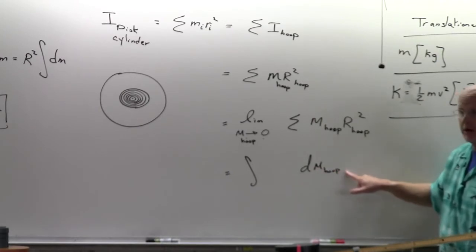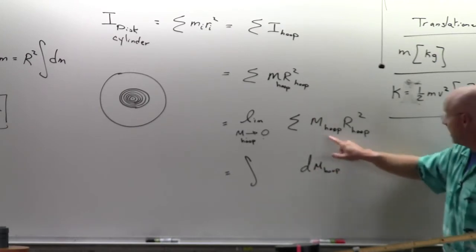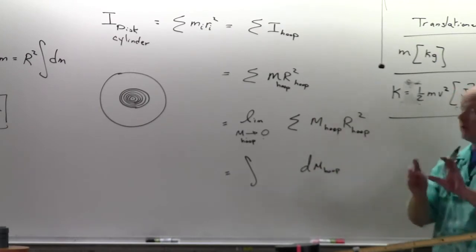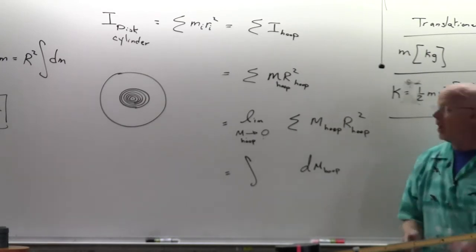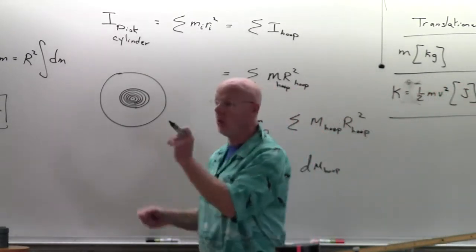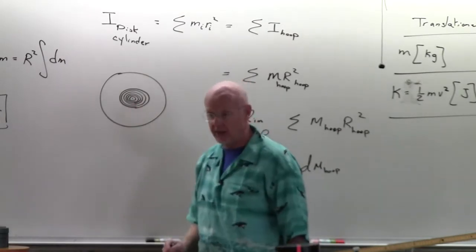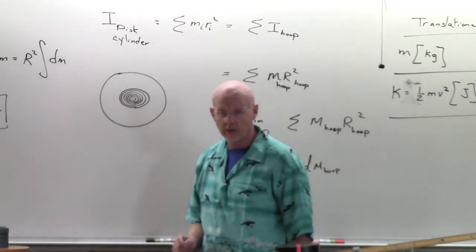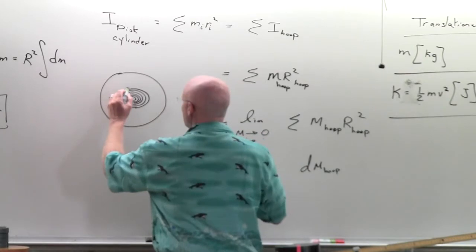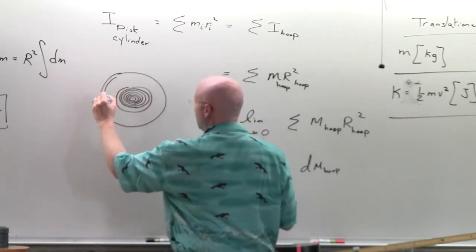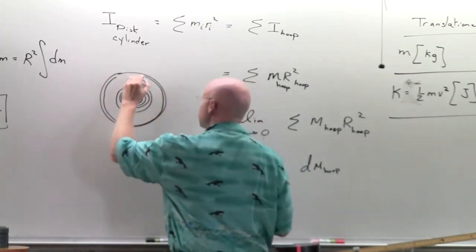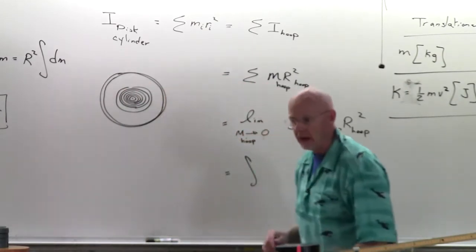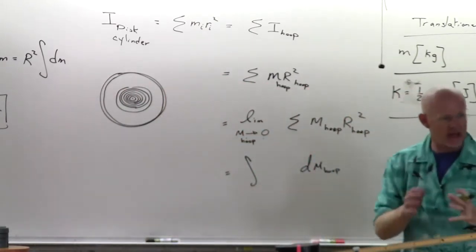So it's not a dr. I'm not saying the radius of the hoop is going to 0. Now don't get me wrong, and I think this is where it gets confusing. I'm going to add up a bunch of hoops. Isn't one of the hoops 0 radius? But obviously, when I start adding them up, and particularly when I get to the last hoop out there, the last hoop does not have a radius of 0.